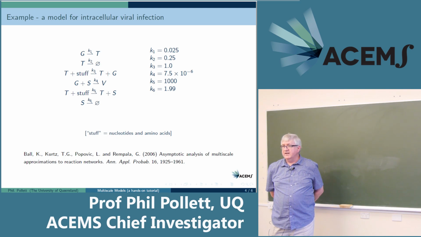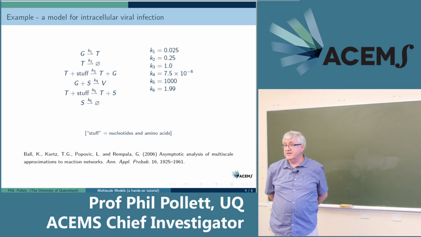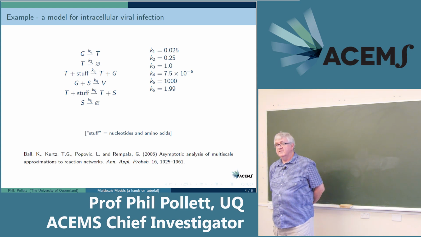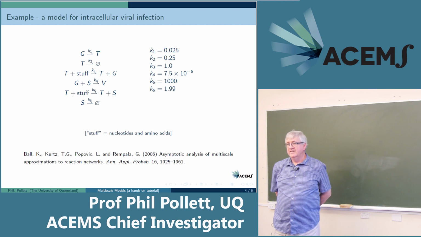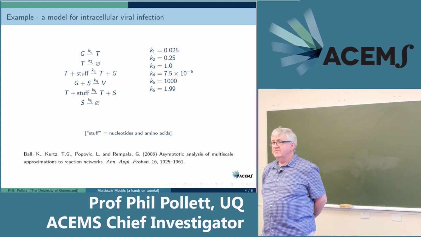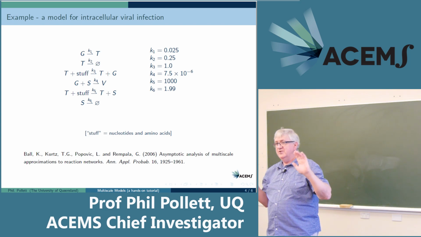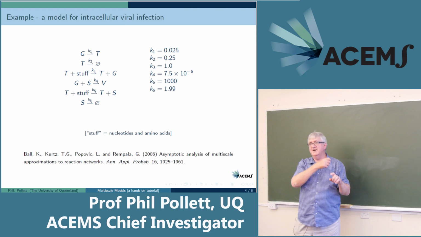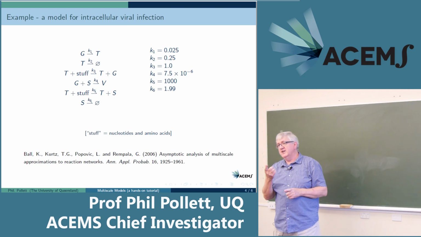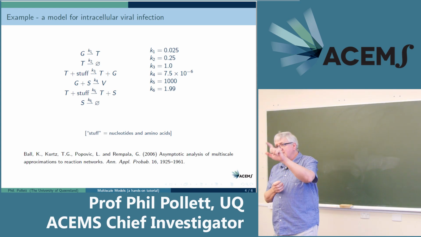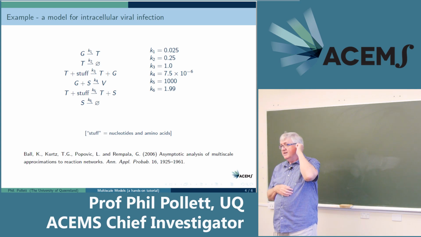What they do is they write down, as the other authors did, the 6 processes, and note in particular that stuff is nucleotides and amino acids, and that you can see that the T, being the viral template, is a catalyst, right? They're all swimming around in this sea of nucleotides and amino acids, and they pick stuff off this to produce the genome G and the structural protein S. All right, and there are the reaction rates there again listed.